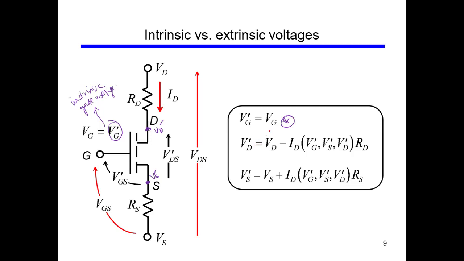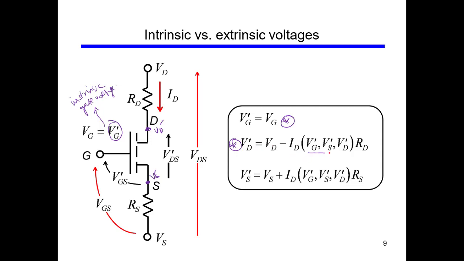We have seen in the previous slide that the resistance with the ground is only important in RF application, not in digital application. So that's why we have neglected that. In the case of drain, the VD prime is equal to VD minus IR drop across the RD.